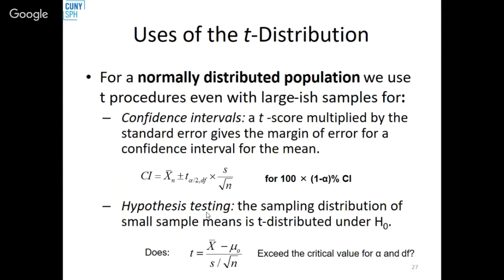That's because, as you saw, even for like n equals 100 or 100 degrees of freedom, there's still a noticeable difference between t and z.